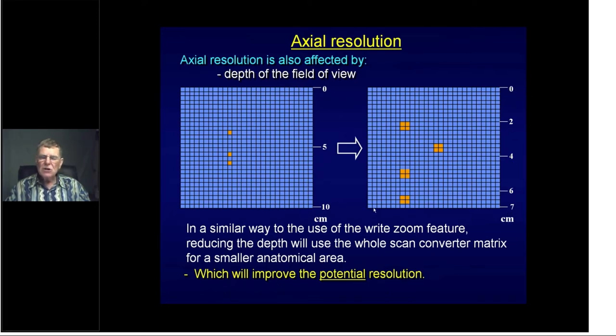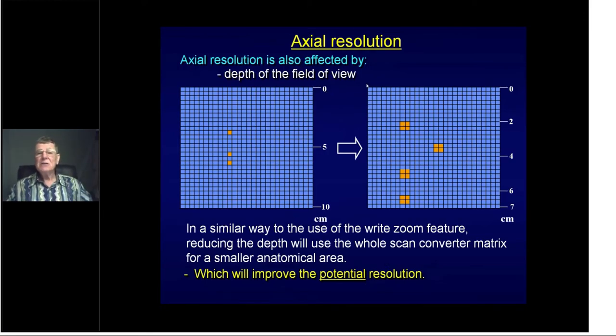I think it's logical for you to see that the amount of anatomy in each one of these pixels is now smaller, it's less. Therefore, you've improved the pixel resolution within there. Broken record again. It'll improve the potential resolution, but it can never go beyond what the beam can produce in the first place. Do keep that in mind.